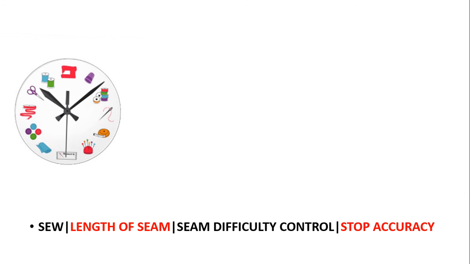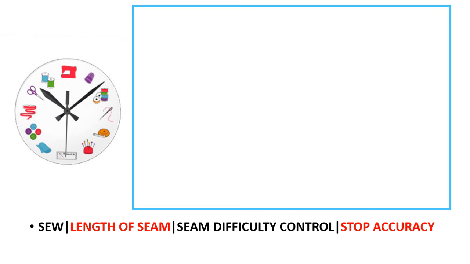So sewing time has to be represented in a certain format considering these factors. It always starts with the code SEW to represent sewing time, and then the length of the seam in centimeters, then the seam difficulty, and at last we write the stop accuracy level. So let us understand this with an example. SEW10MX.